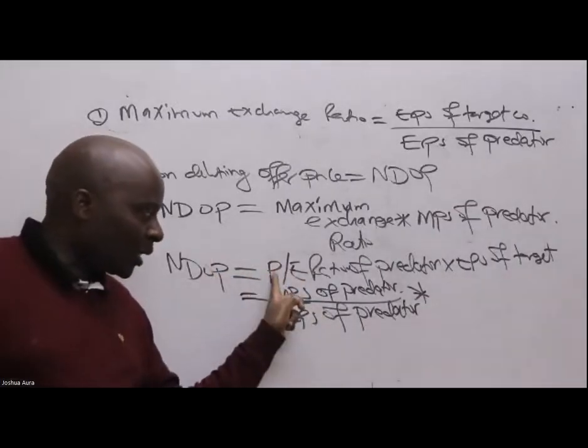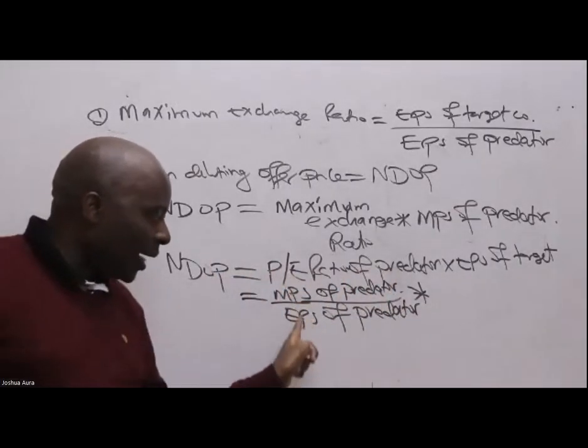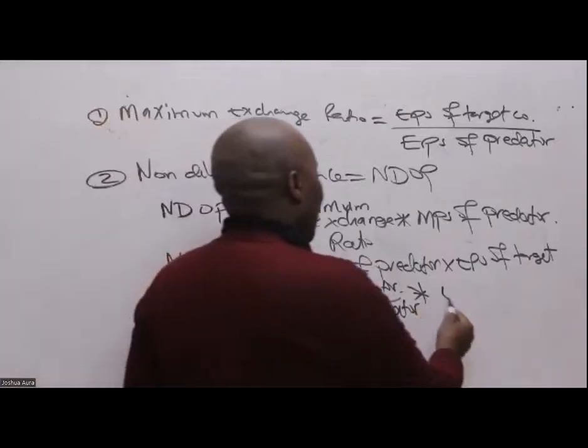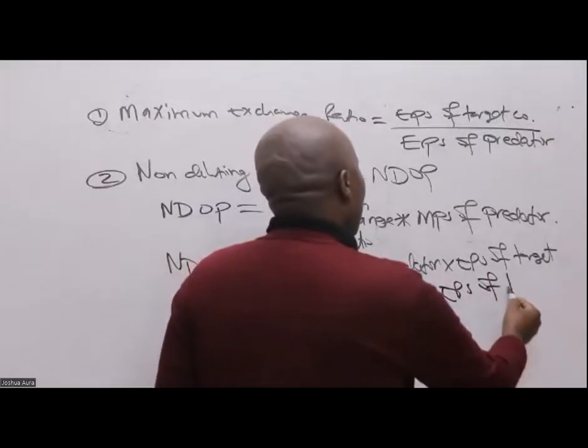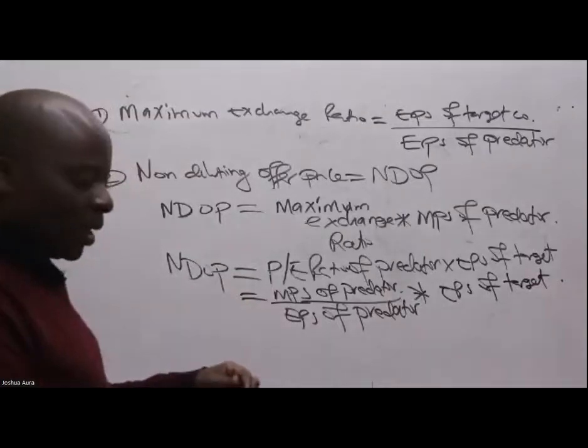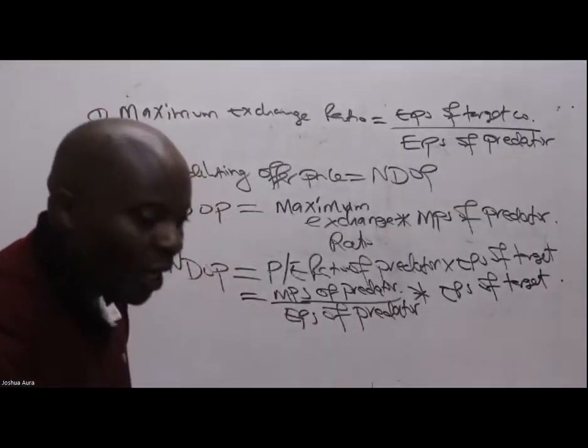So it's price of the predator over earnings of the predator, times EPS of the target company. And then you remember very well in our last class what we said, you and I.